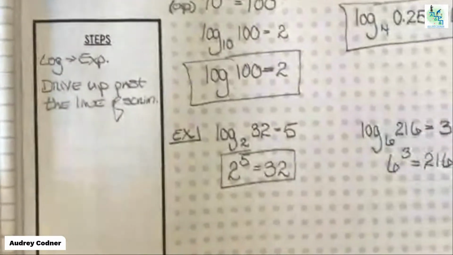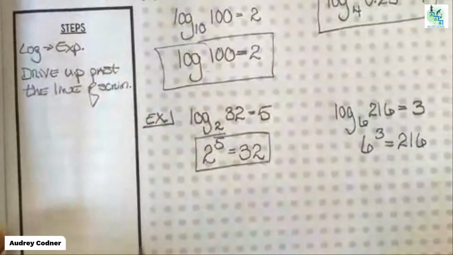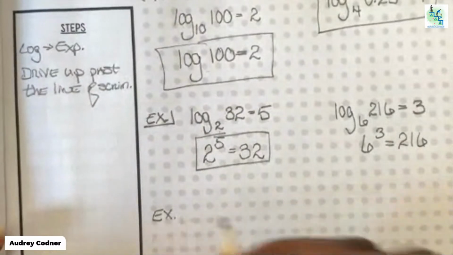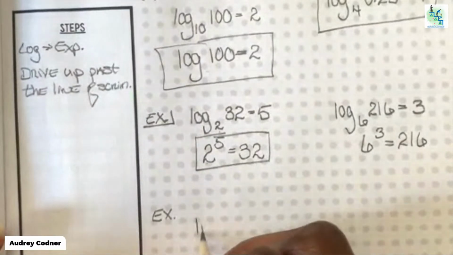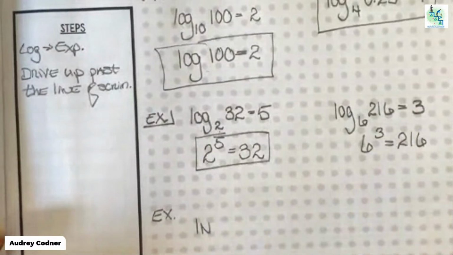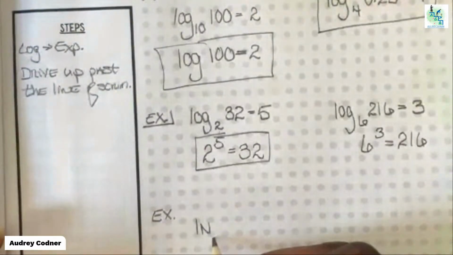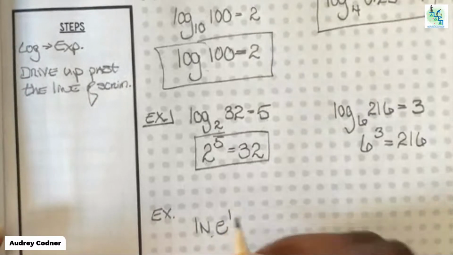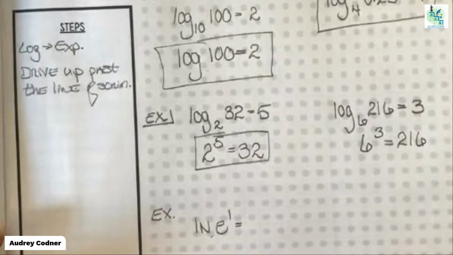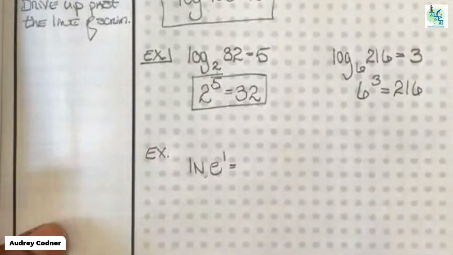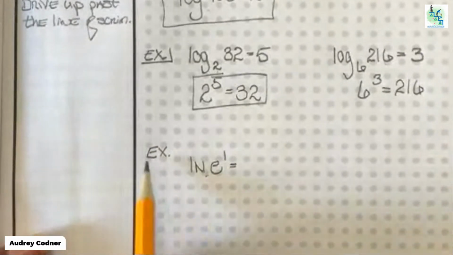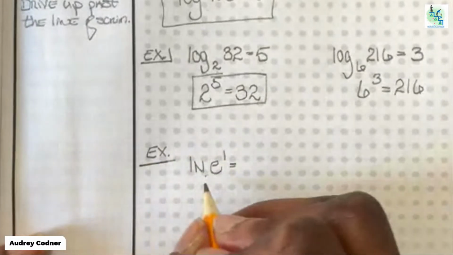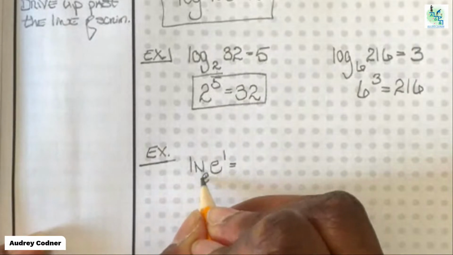So if I did the natural log, say ln of e to the first power, if you ever get something like this, ln has the same base of e.